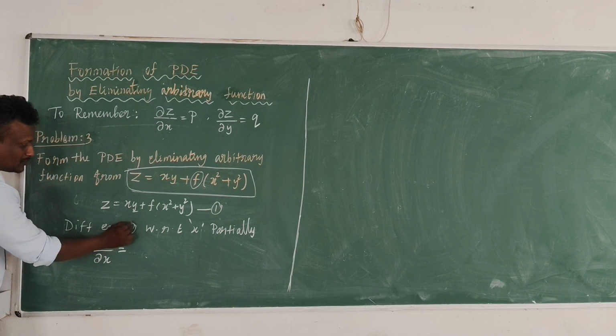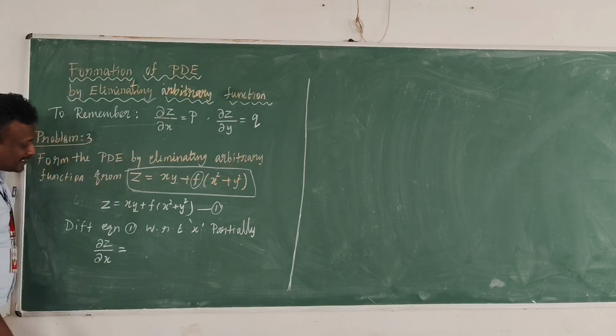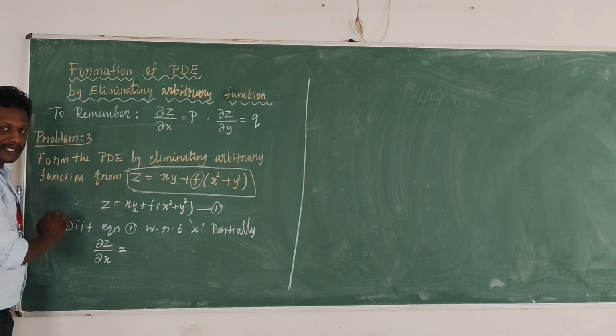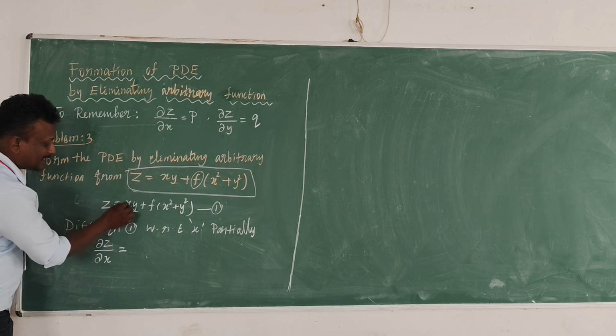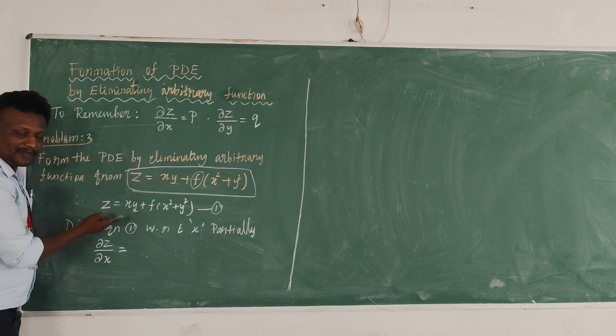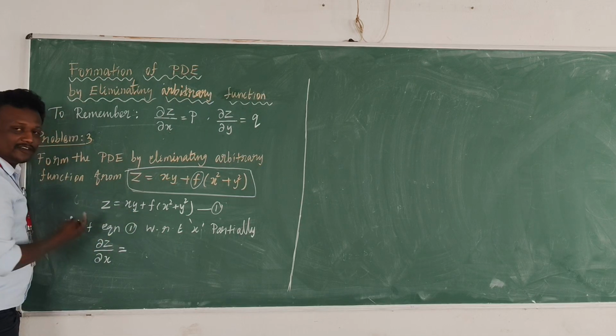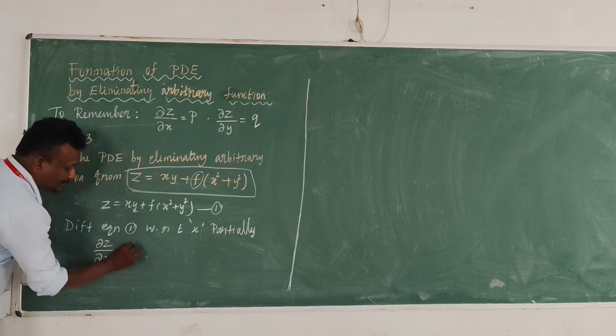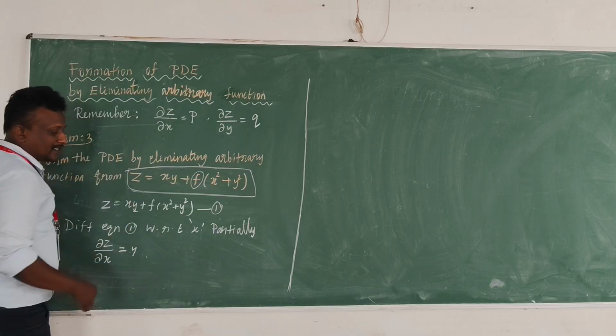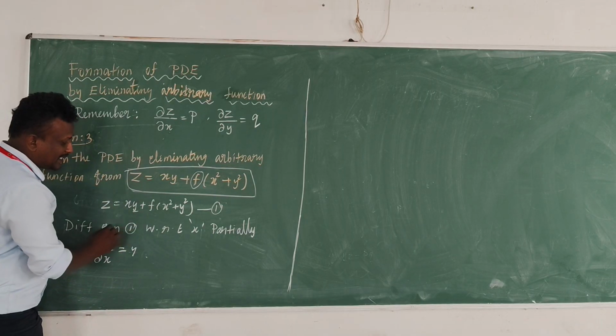Now let us differentiate the right side. Here we have xy. The differentiation of x is 1, and 1 multiplied by the constant y is y. Let's move to the second term.